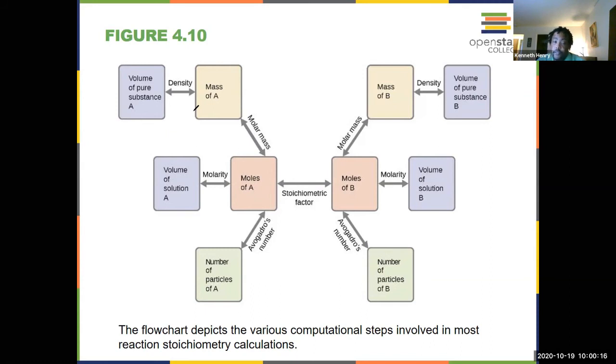Because we know that density equals mass divided by volume. So if we have the mass of a substance, then we can use the molar mass to get the number of moles. If I have the molarity, then I can use the volume to get the number of moles. And then I can use my stoichiometric ratio to find how many moles I'm going to be producing of the other one.